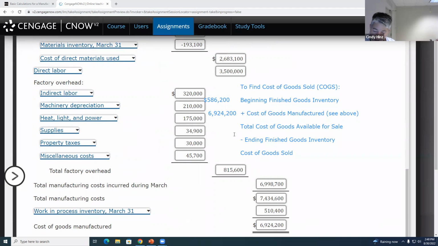We started with 586,200. We finished another 6,924,200. And so our total cost of goods available for sale, what we started with and what we added to it, is about 7.5 million.